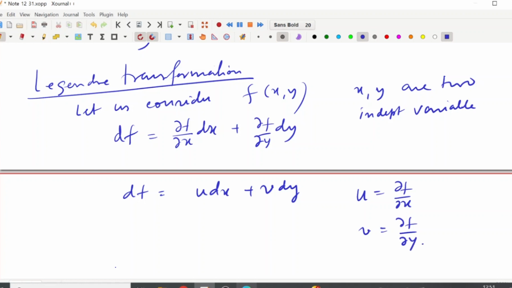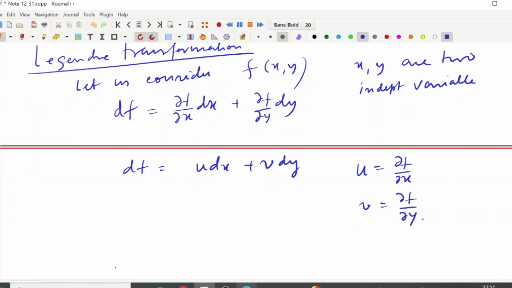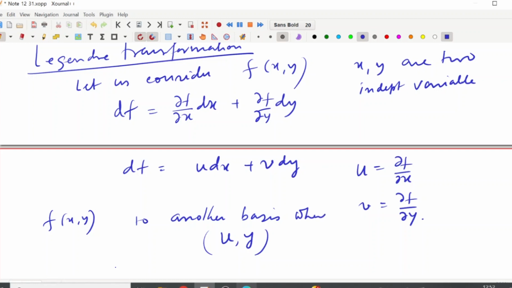Now, the question is, can I go from this basis f(x, y), where x and y are independent variables, to another basis where u and y are independent variables? Okay.